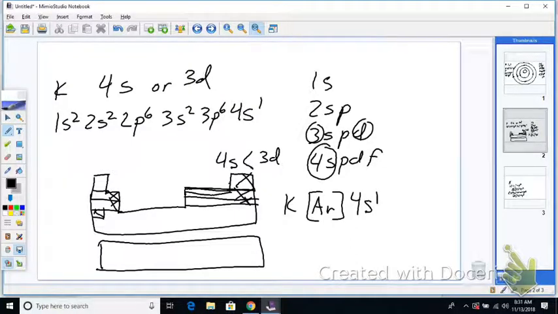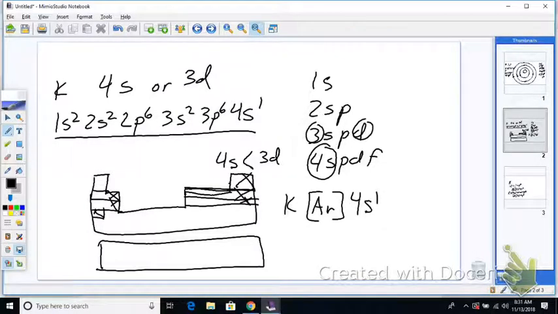Look how easy that is, instead of writing all these out. You now know a lot of configurations. Most of you will know how you got to that point of 4s1. So now you're saying argon is where I'm starting, and then 4s1. Does that make sense? Okay, questions you guys have? I know I'm going through it pretty quick, but I want you to have time to ask questions as you go through it on your own, because that's where you really learn, is doing it on your own.